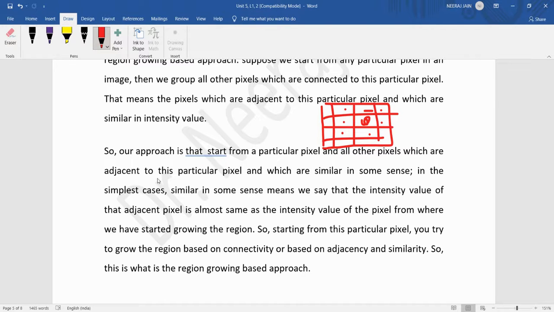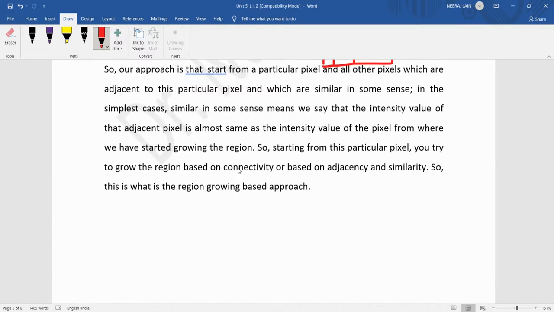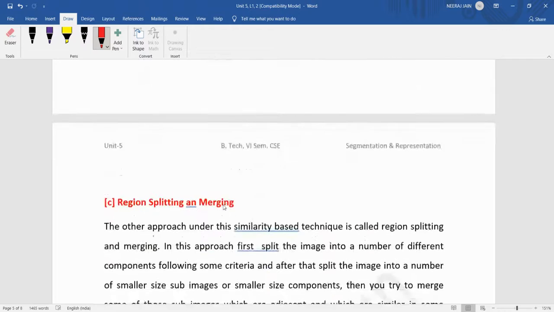So in this approach, we start from a pixel and all other pixels adjacent to the particular pixel are sensed. Starting from this pixel, we try to grow the region based on connectivity, adjacency and similarity.